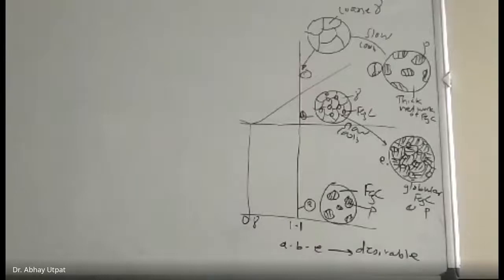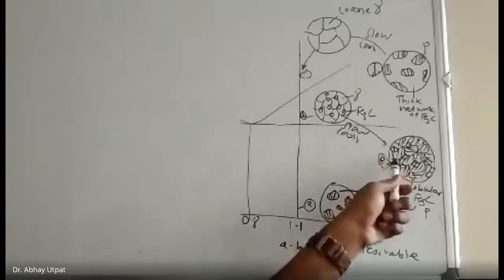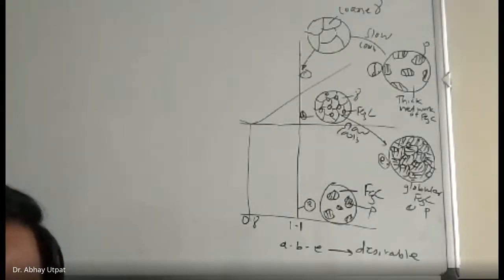And further, perlite plus globular cementite after slow cooling, as shown in point E. The structure at point E has better mechanical properties than thick network of cementite.